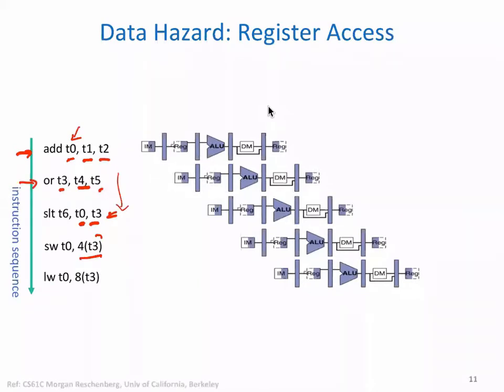Now we will have to see what the dependency is. Here we can see T0 is written in the first instruction, while this instruction is using T0.